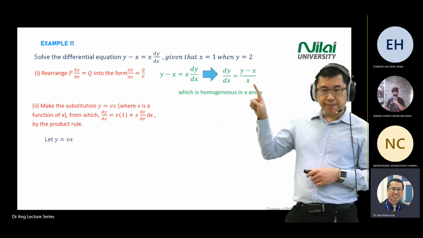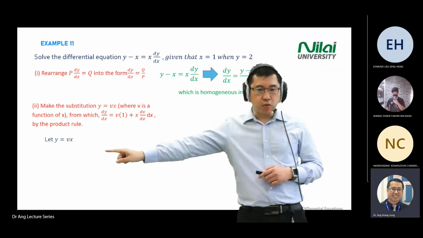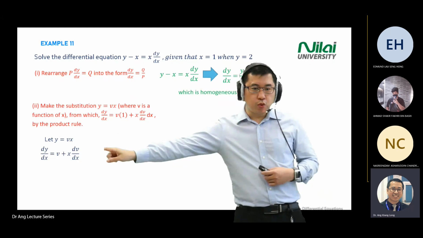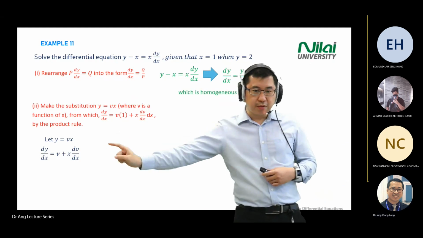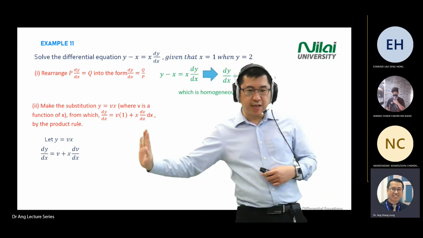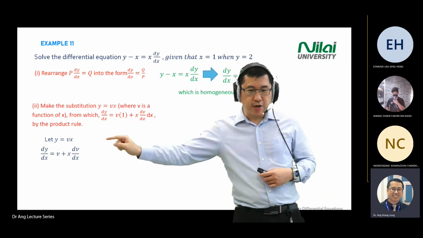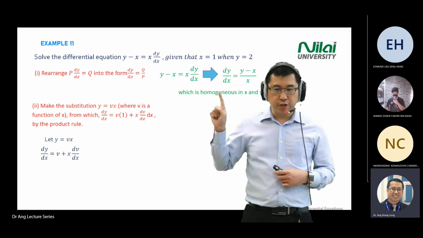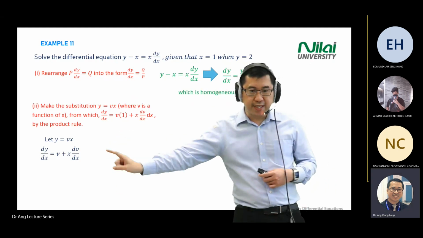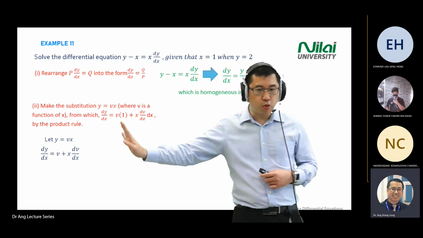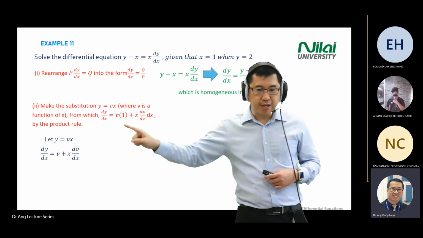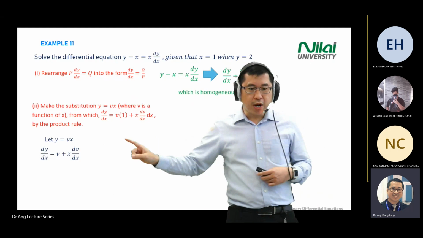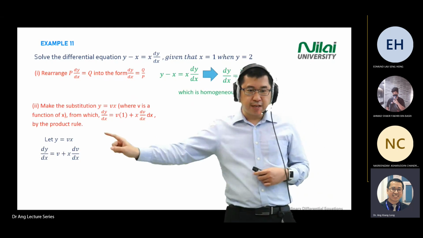Next, you do differentiation. You do it on your answer sheet, after you arrange and check that it is homogeneous. This is the standard step, always the same. So after y equal to vx, you do dy/dx, meaning you differentiate v and x.